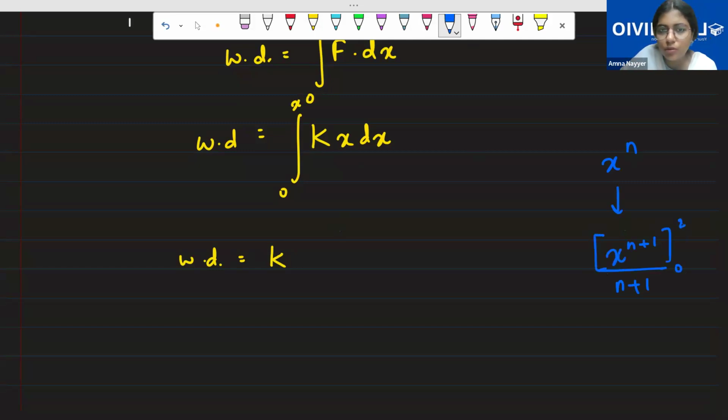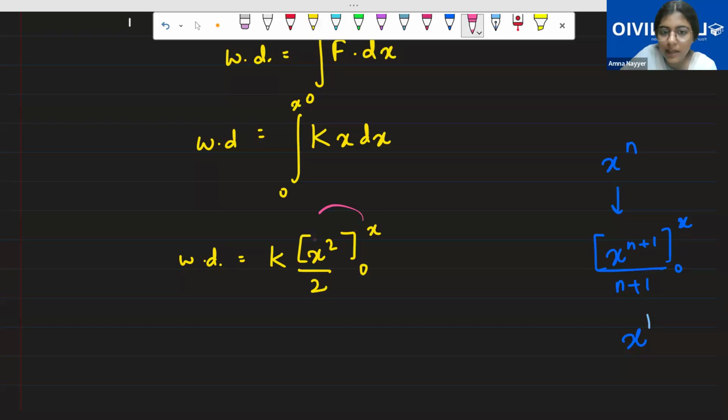When only x is given, its power is 1, so x to the power 1 plus 1 becomes x square. So it is x square divided by 2 from 0 to x.